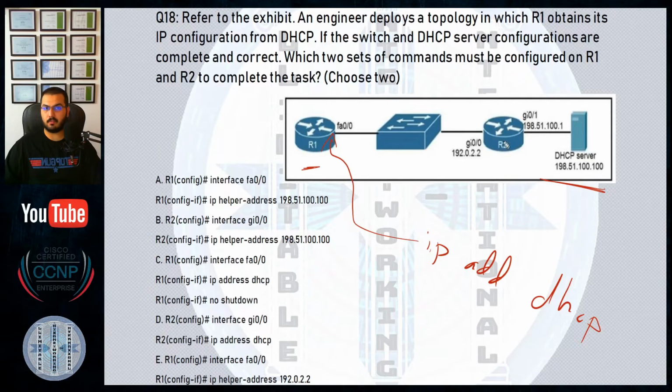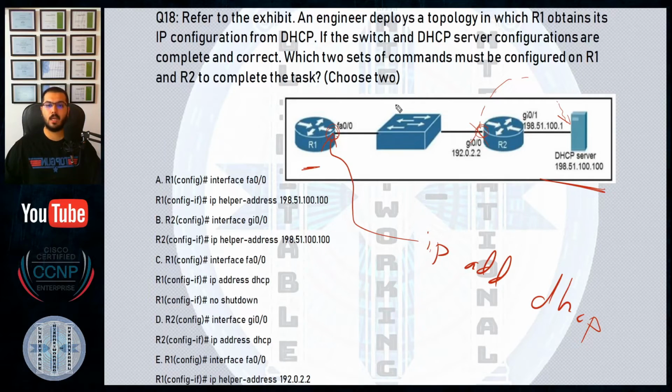But there is a layer 3 device in the way, so your broadcast message will stop here. According to chapter 4 that we have studied, by using DHCP relay, you will forward the broadcast message from this interface to this interface. So we will need to enable ip address dhcp on this interface and ip helper-address on this one.